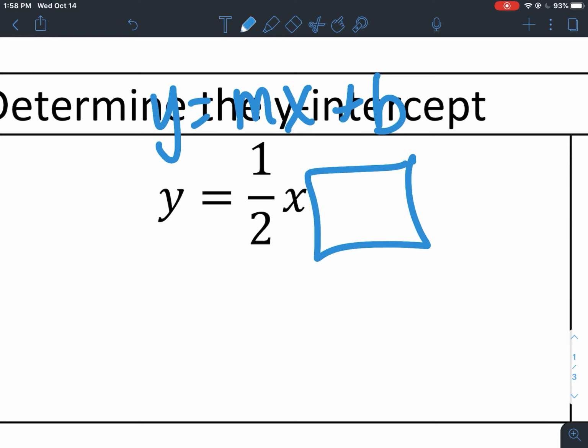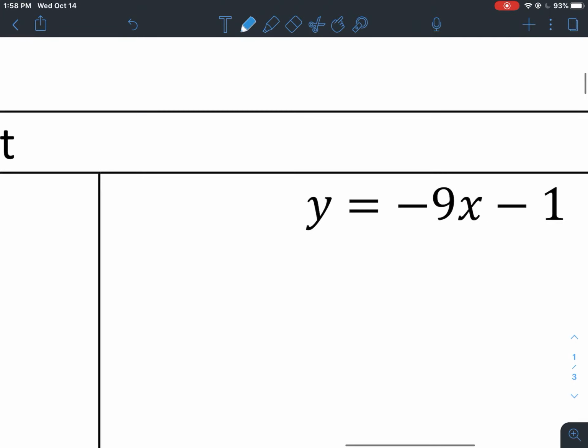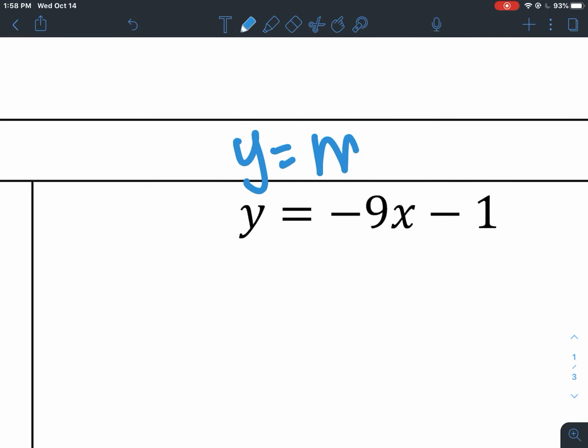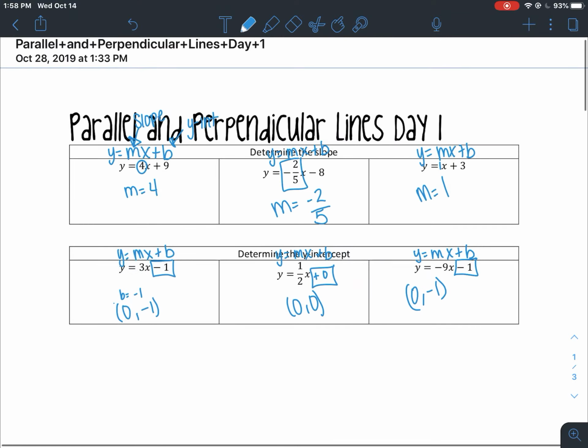Nothing is here for b, but I can assume it's a +0 because anything plus 0 is just itself. So as a coordinate, we have 0, 0. And for the last one, my y-intercept is also, like the first one, 0, -1.